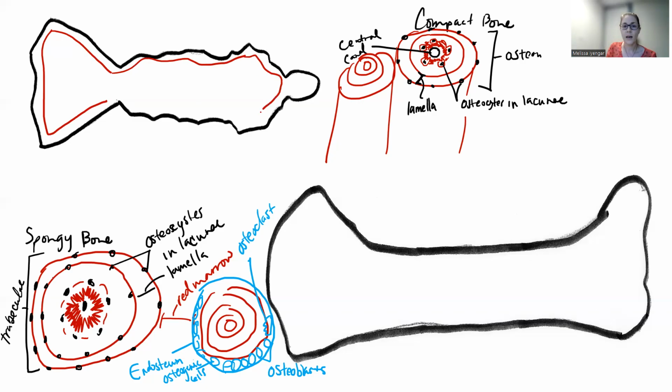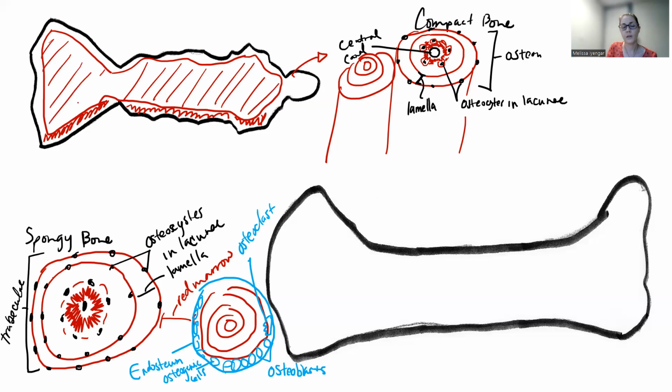I'm going to see that on the outside layer, I'm going to have a solid area that's going to be my compact bone. Just like that. And then going between the compact bone layers, I'm going to have spongy bone. So I'm going to make this kind of hash marked because I want it to look like it has holes in it.